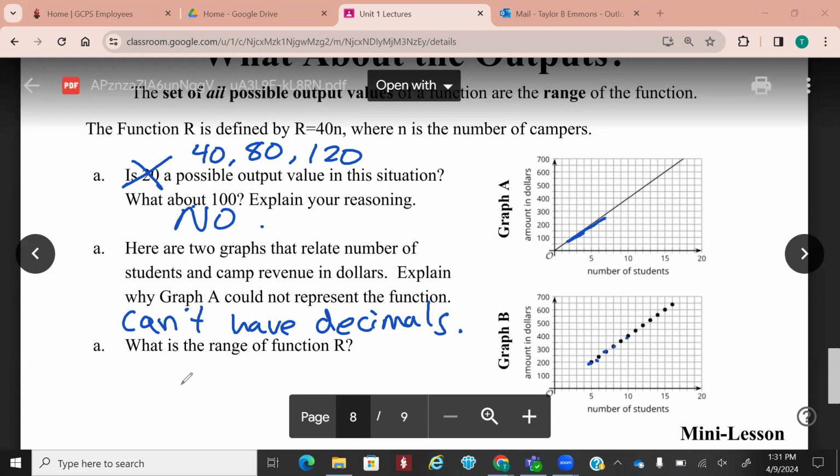Now if we're talking about this restriction of 5 to 16, if we plug in 5 into this situation, we get 200. If we plug in 16 into this situation, we're going to get 640. So that's our lowest to our highest y values, our outputs.